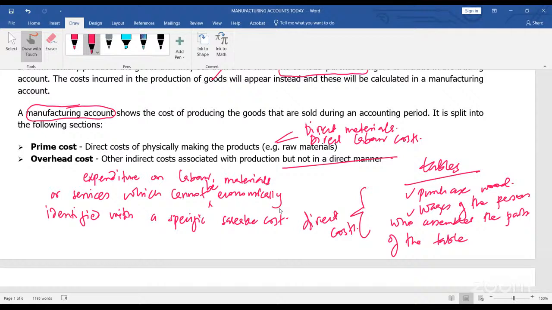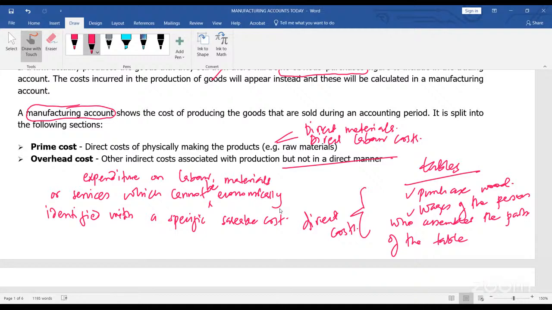So in the manufacturing account, we have to show all the costs, whether they are direct or indirect, as long as they are incurred to produce the product. Those are the direct and the indirect costs.